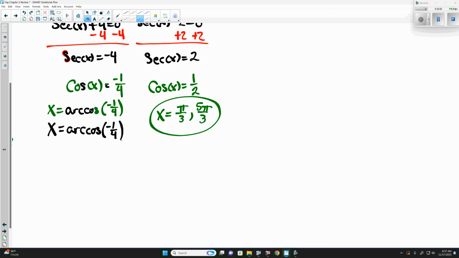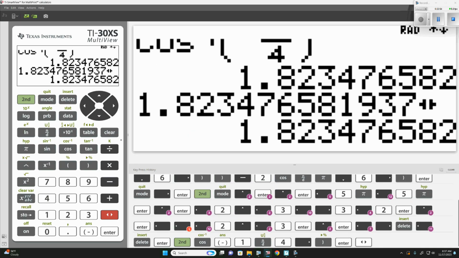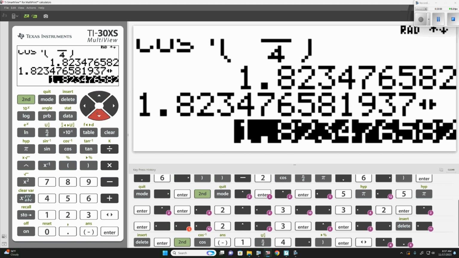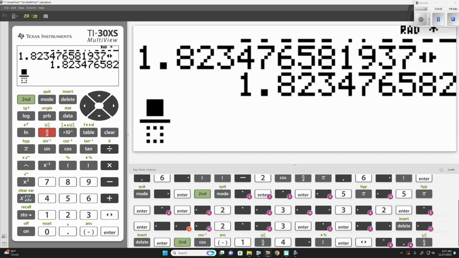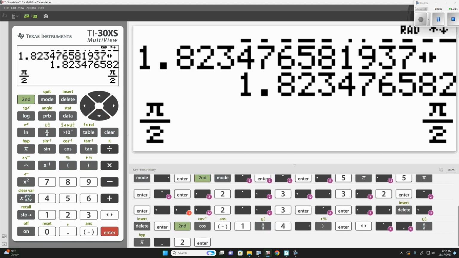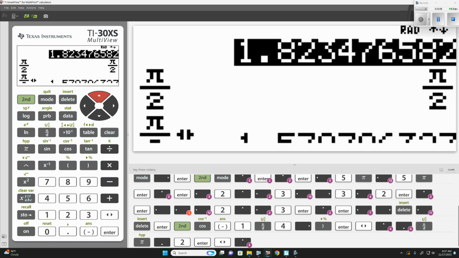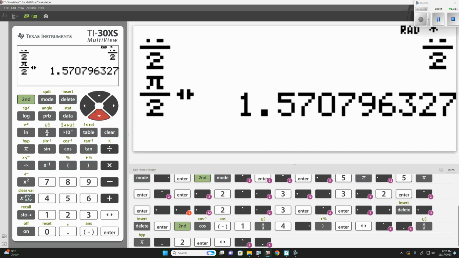Now, as we see here, we do get a positive number that, if we think of pi over 2, 1.57, it is greater than that, so it is telling us that it's in the second quadrant.